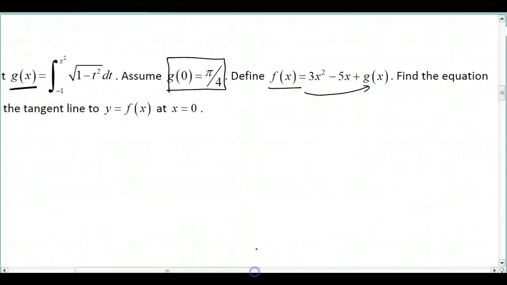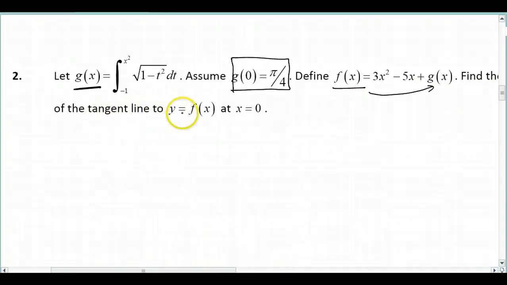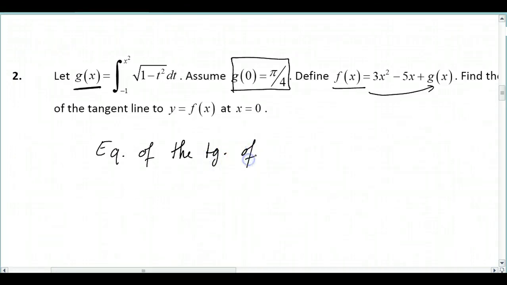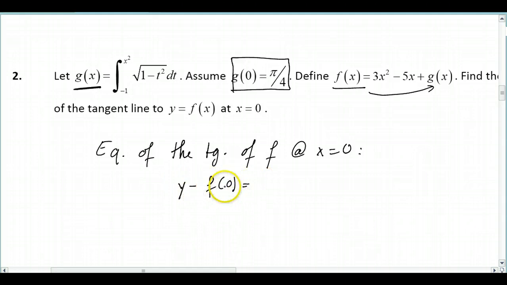What's the question? The question is find the equation of the tangent line to y equals f of x at x equals 0. So what's the equation of a tangent line? First off, the equation of the tangent line of the graph of f at x equals 0 is y minus f of 0 equals f prime of 0, that's the slope, times x minus 0.